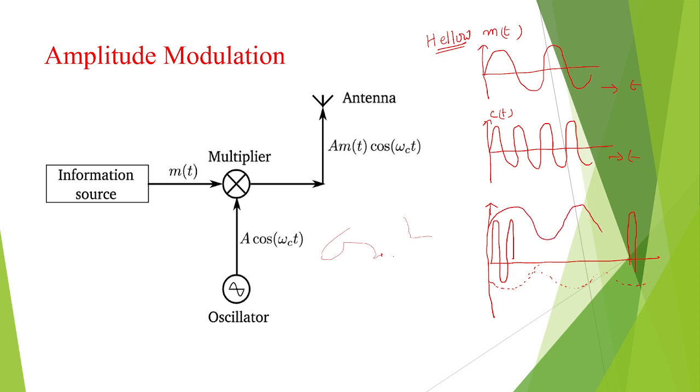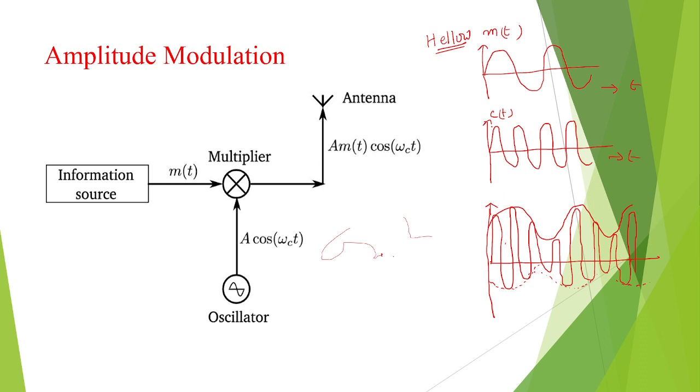But the carrier is internally varied according to the message. Here the positive half cycle of the carrier is varied, so the negative also varies. Internally the carrier is varied according to the message signal.